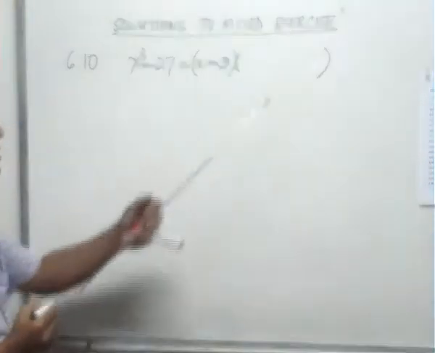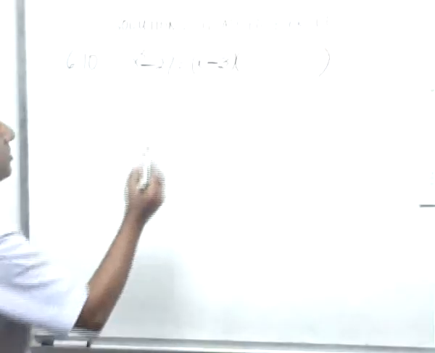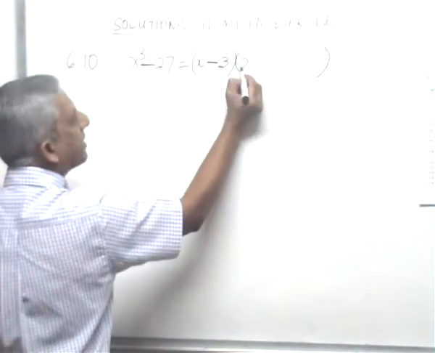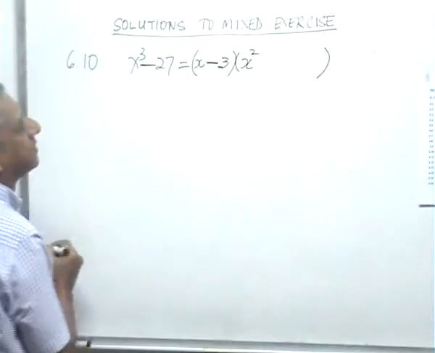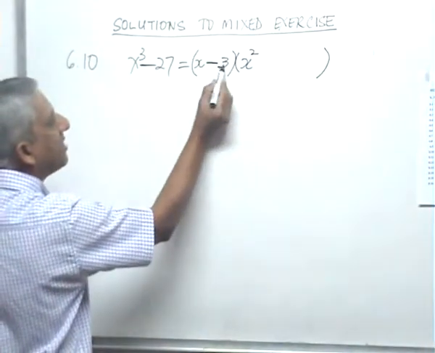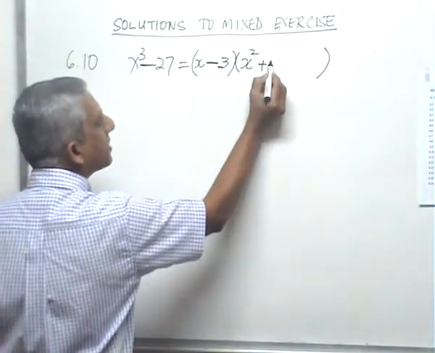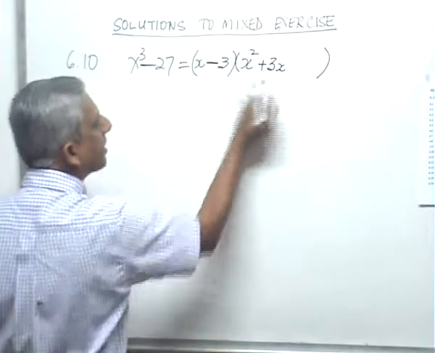Right. Now, for the second bracket, you must look at the first bracket. You take this x and you square it, there's x squared. Then you take these 2 and multiply it, you get minus 3x. But you write it here with the opposite sign, so it's plus 3x.